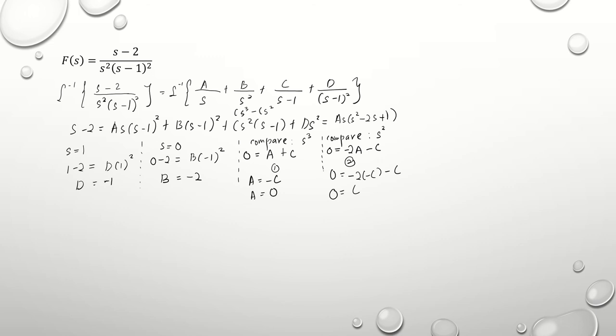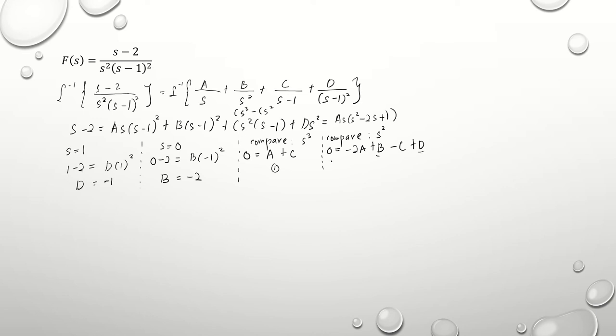Oh sorry, I missed the s square here. For s square, what we have is 0 equal to negative 2A, and this one we have s square plus B. Next, this one negative C, and the last one plus D. I missed these two things.